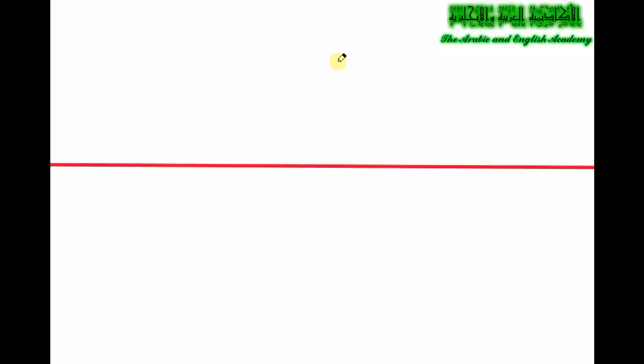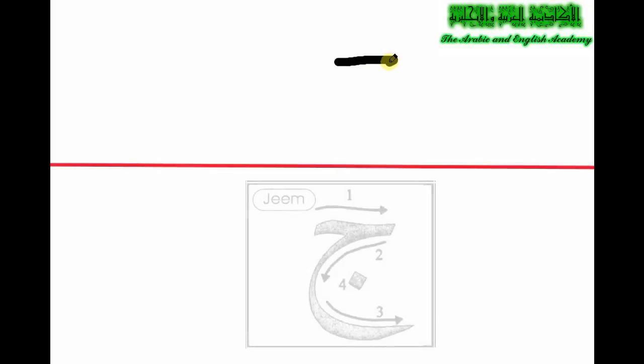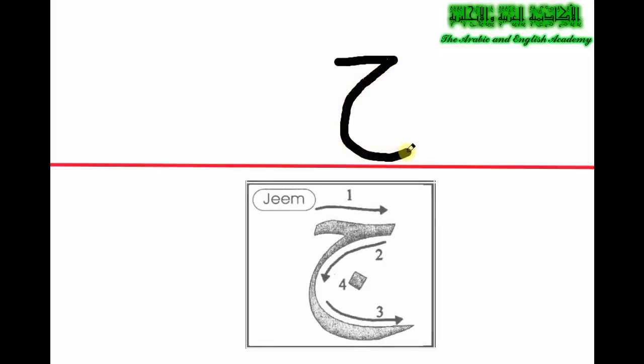And its initial form, we start off kind of drawing like a 7, except we curve it at the bottom, and we dot it here. This is Jeem in initial form. Okay. Like I said, it's like in the word regime, Jeem.